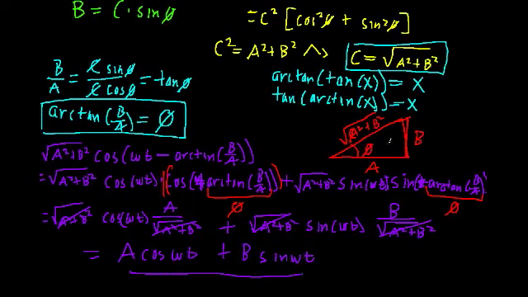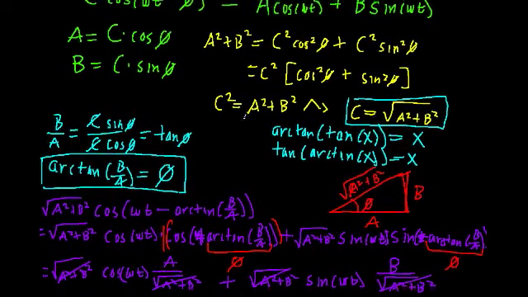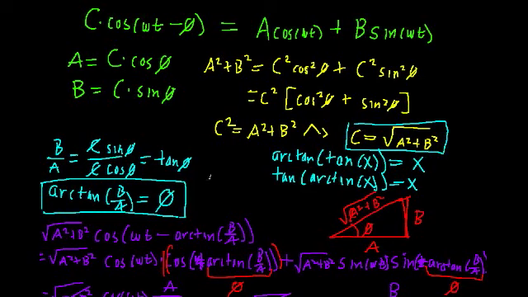So let's just do a quick recap of what we did. We found out what our c and phi terms are in terms of a and b. Then just to really make sure that these are equal, we plugged in these values here.